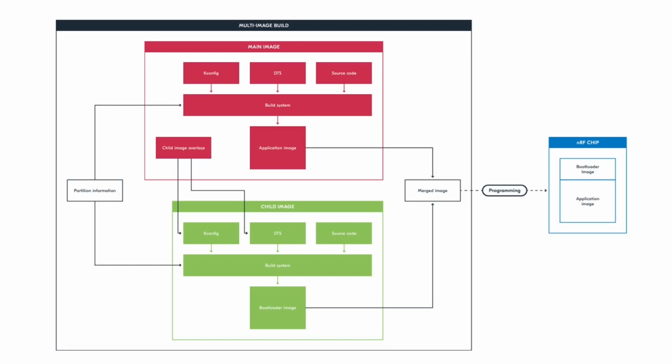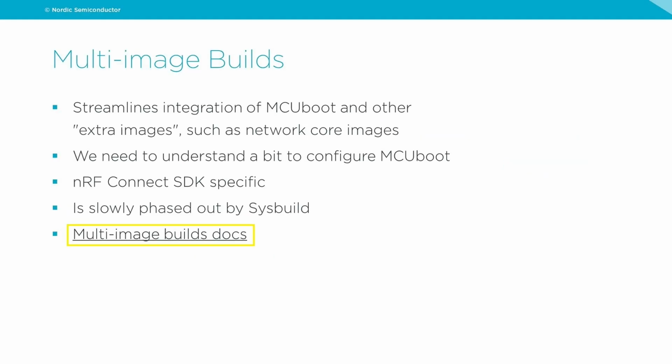If you want to look more at this, it's explained more in depth, I hope, in the Dev Academy course as well. I will show you in the hands-on part, but let's jump back. The multi-image build documentation has a page that tells you how to add configuration to MCUboot.